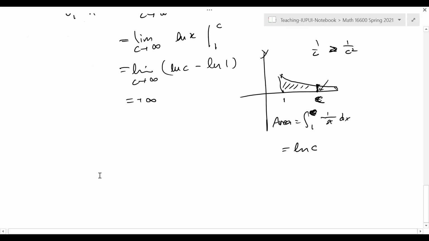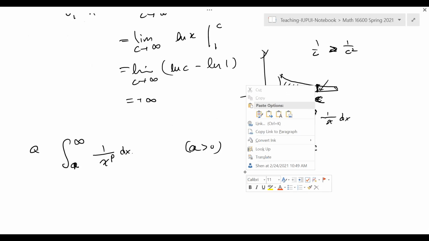Now, after you've done these two problems, you may wonder, can I get a general formula? Can I just look at this integral, starting with a, the integral of 1 over x to the p dx? Here a is some positive number because a cannot be 0.